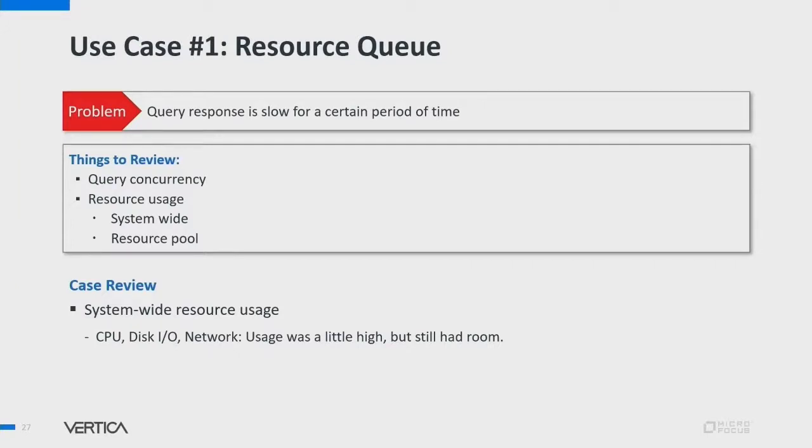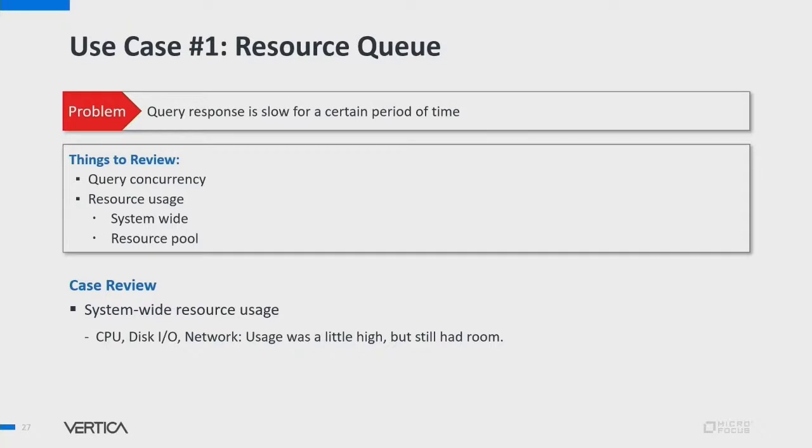Let's start by looking at the first use case. This case is related to the resource request queue. The database usually works fine, but sometimes query response becomes slow, especially when the database is very busy. In such a case, check the number of running queries on each resource pool, system resource usage, and resource usage on each resource pool.